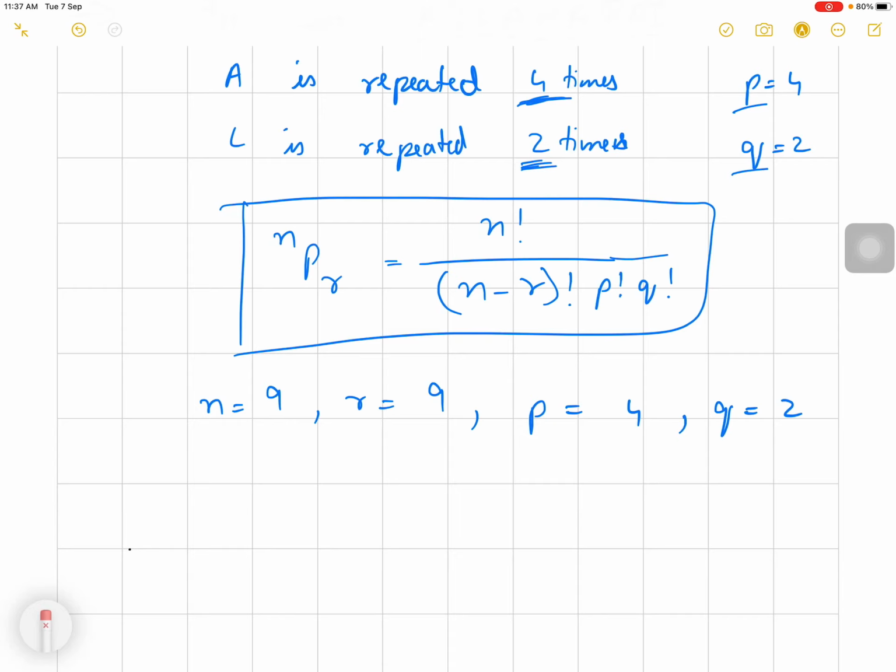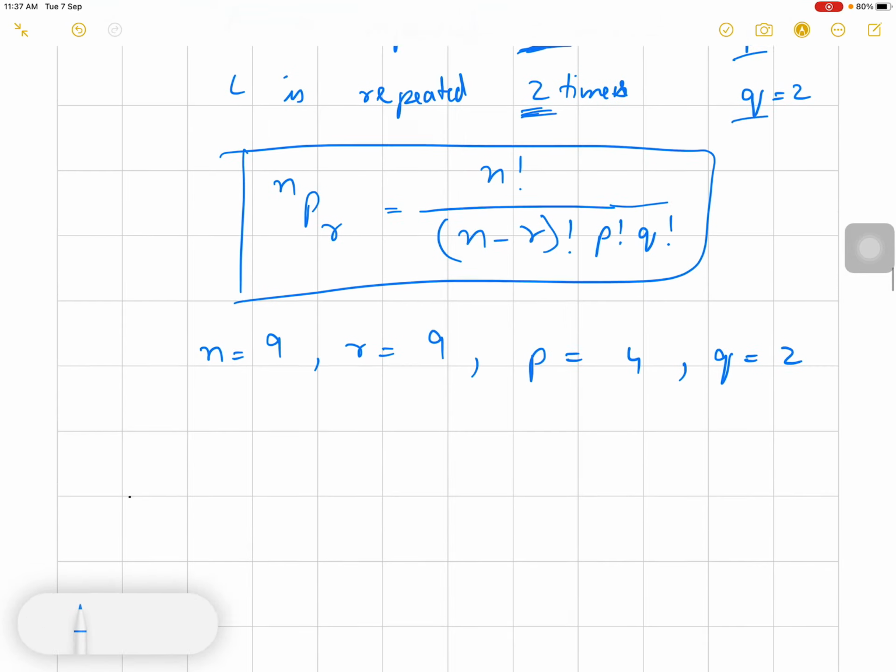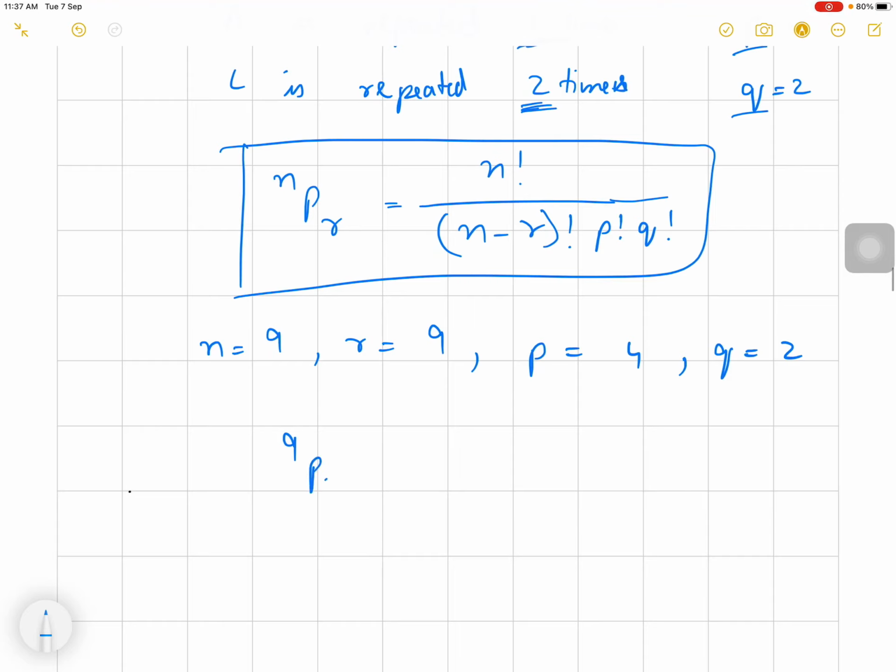R is also 9, so 9P9 here, because there are 9 letters and 9 places. So 9 factorial divided by 9 minus 9 factorial, which is 0 factorial, and 0 factorial is equal to 1. P is 4 and Q is 2, so 4 factorial, 2 factorial.